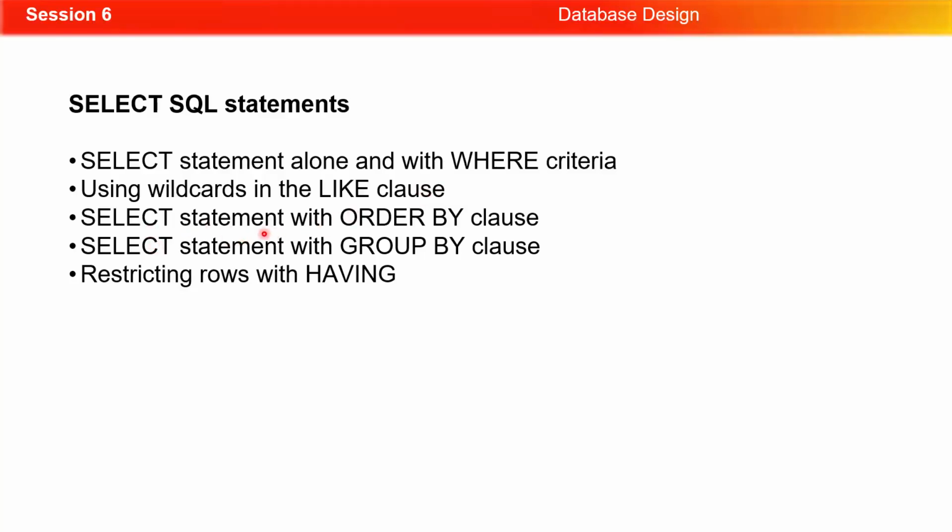The select statement with an order by clause, again, gives us sorting. A select statement can also have a group by clause, which can roll up certain results by a column value. And then we can also restrict rows by the command having. Let's take a look at a few examples.